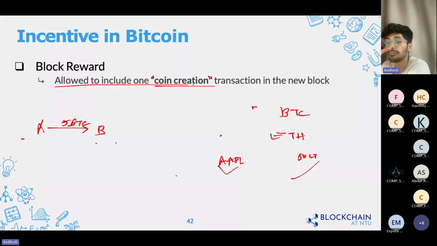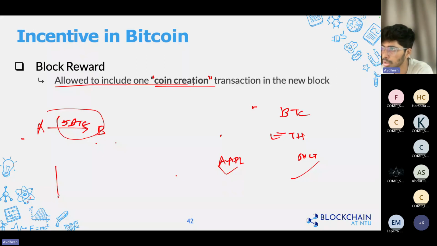So whenever Alice sends Bob some Bitcoin, obviously miners will have to verify this transaction and add it to a block. What miners get is, so there are two pools right now. This is the Bitcoin pool, and I'll just say Bitcoin equals 21 million in quantity.